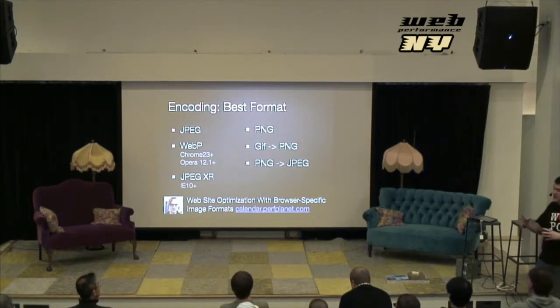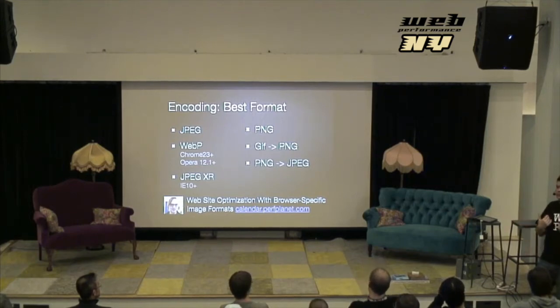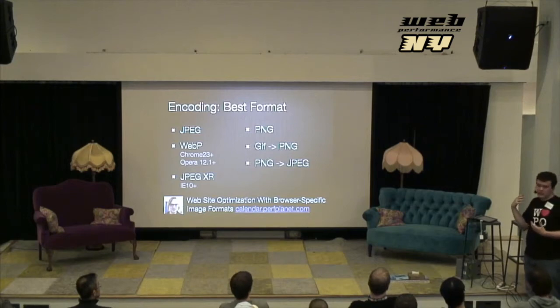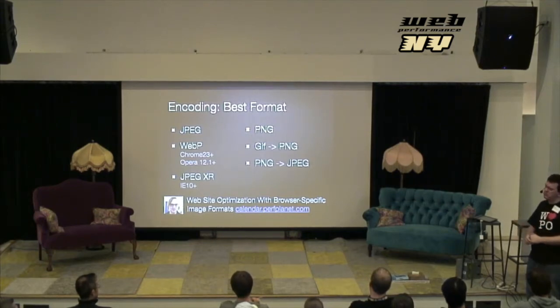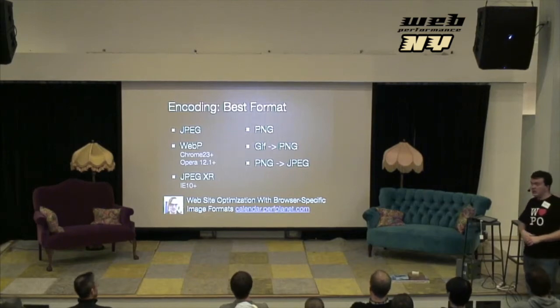And over time, new versions incorporate better transparency, animation and a whole lot of other things. And as the sales pitch goes, about 20 to 30% smaller than JPEGs. Well, you need to test it on your images, definitely, but it can be smaller.